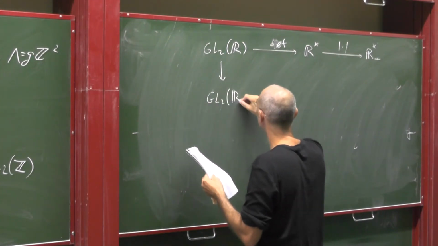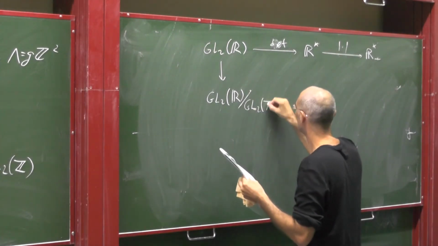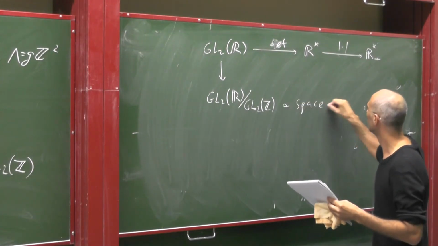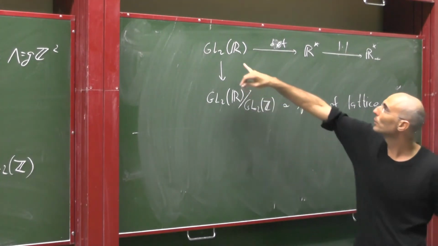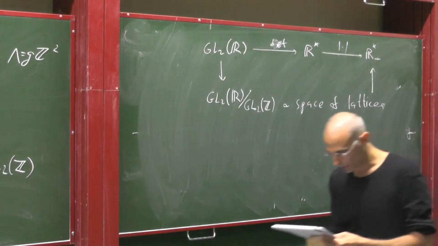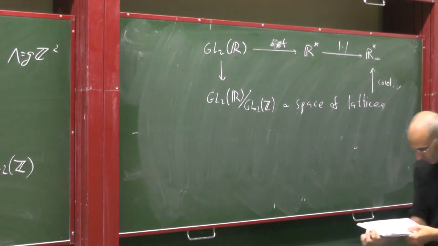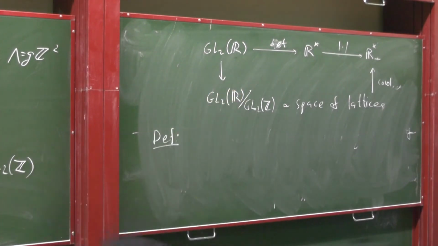You have the orbit map to the space of lattices. And of course, this map is invariant on this. So we get this diagram, and this is the covolume. So the space I'm interested in is the space of lattices of covolume 1.